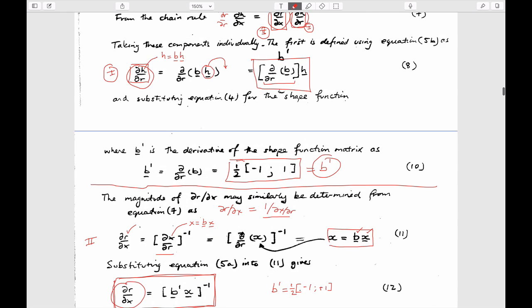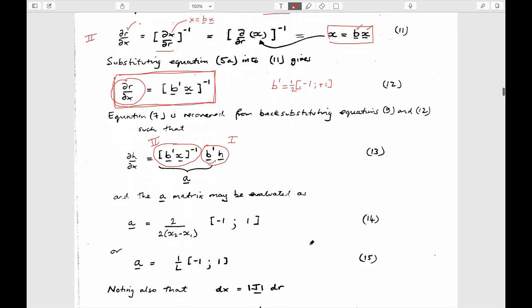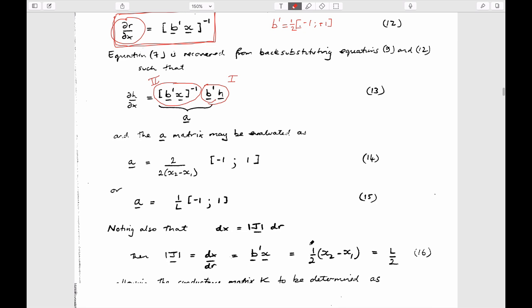If I make them big again so you can actually see them, then what do we have? We have a shape function matrix B prime, which we know. It just has certain values to it. We have a matrix which includes x1 and x2, the nodes. And we have heads which are here, outside here.